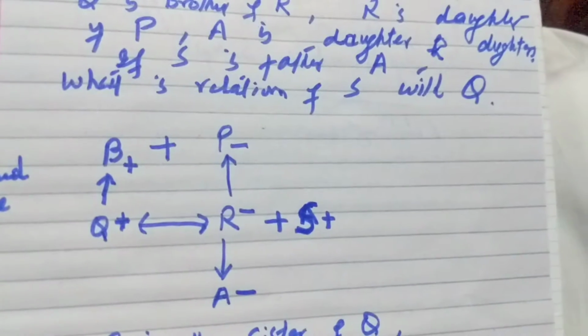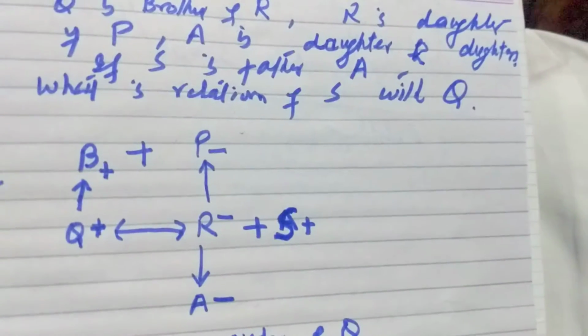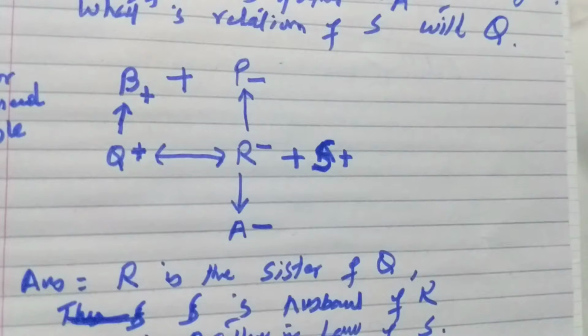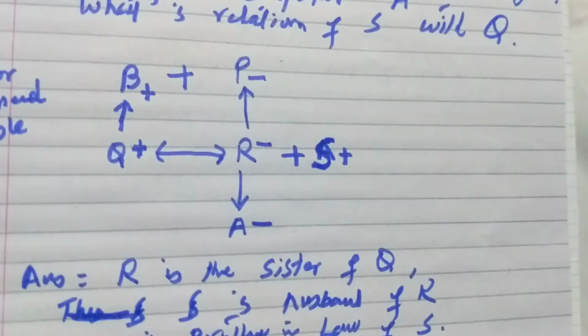The question is, what is the relation of S with Q? Now look at the map which you have drawn.